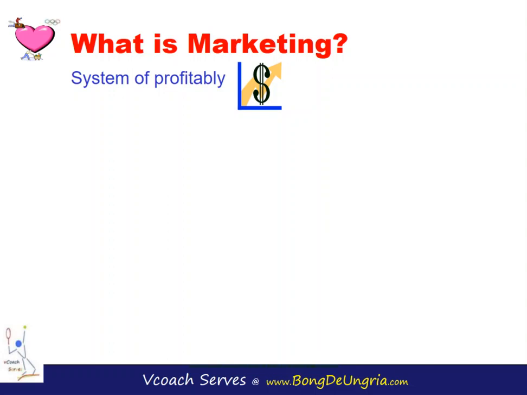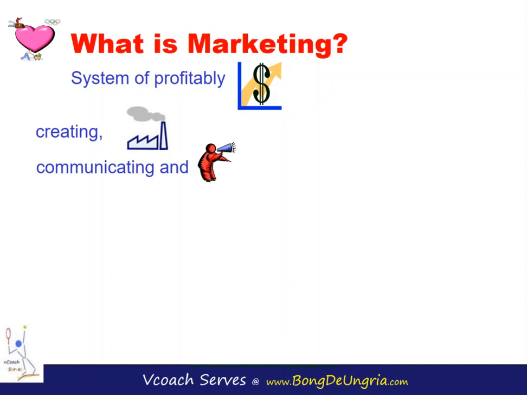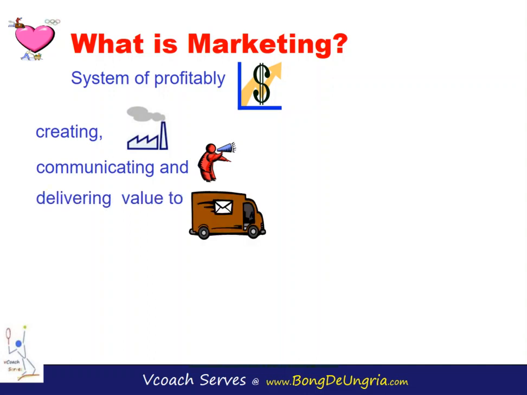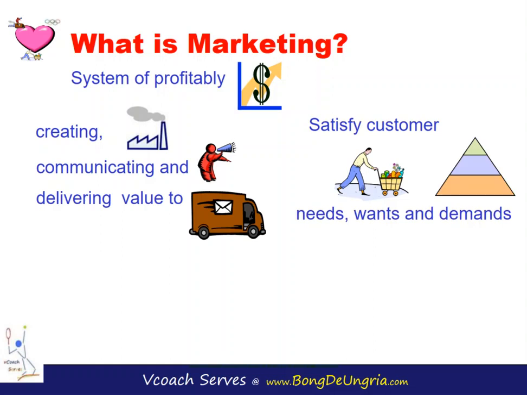Okay, so that's the first part. Marketing is a system of profitably creating, and the symbol is a factory, communicating, and this is a person symbol with a bullhorn, and delivering value, represented by the UPS delivery truck, to satisfy customers' needs, wants, and demands.